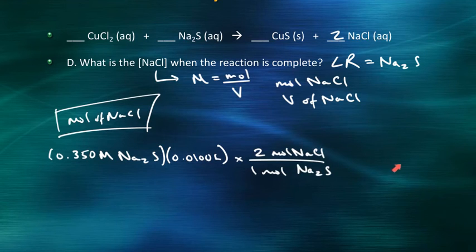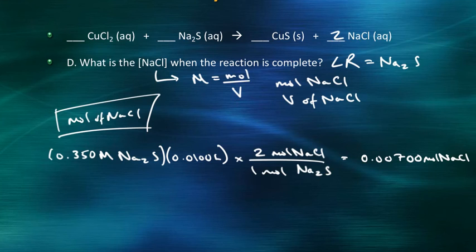And I don't need to do anything else because if I stop here, my final unit is moles of NaCl, which is what I want the top of this to be. Okay, so plugging that into a calculator and giving an answer to three significant figures, 0.35 times 0.01 times 2, this is 0.00700 moles of NaCl.